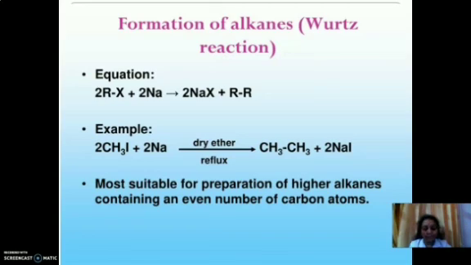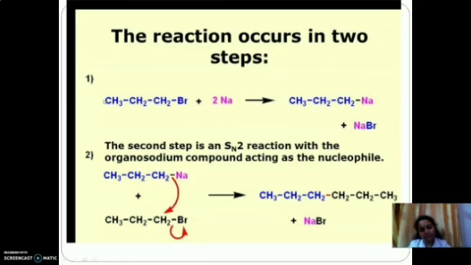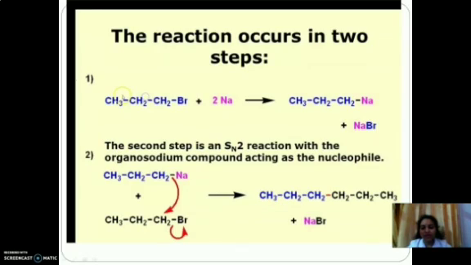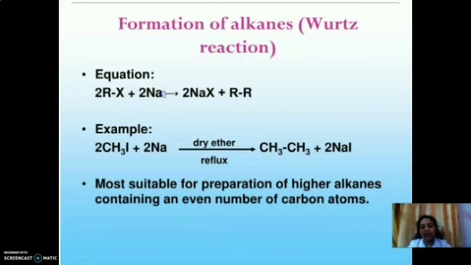So the starting material is our haloalkane. The first step is the formation of the organometallic compound, and the second step is the formation of the alkane. Here you can see the example equation. There are two haloalkanes, reacted with two sodium, and there is formation of sodium halide and alkane.